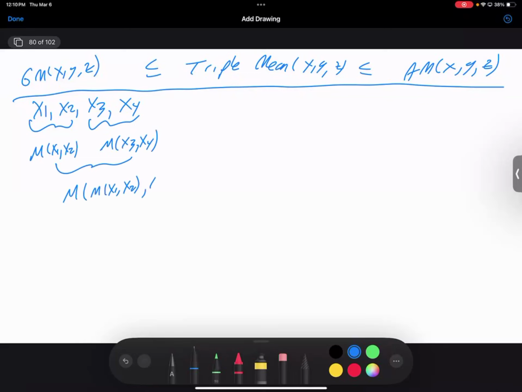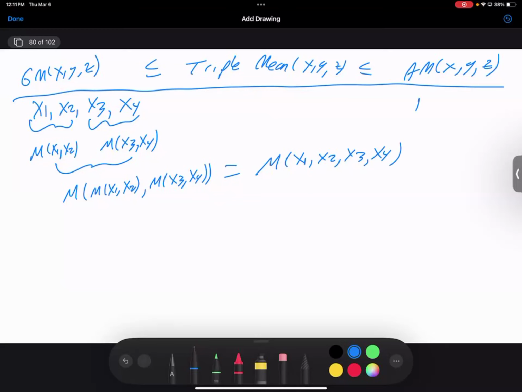The mean of x1, x2, the mean of x3, x4. What do you think that should equal? I suppose the overall mean. Wouldn't it be nice if it's the overall mean? That's not the same function. So this is where things get interesting.